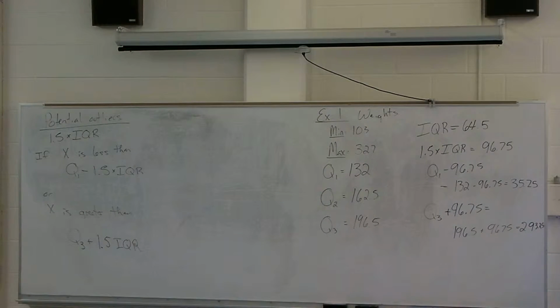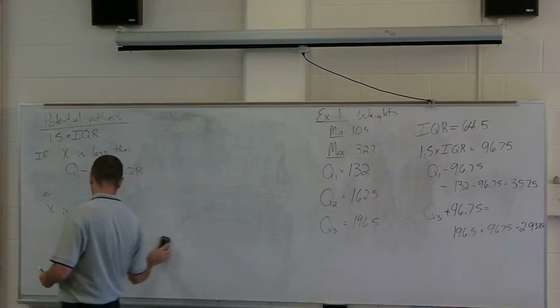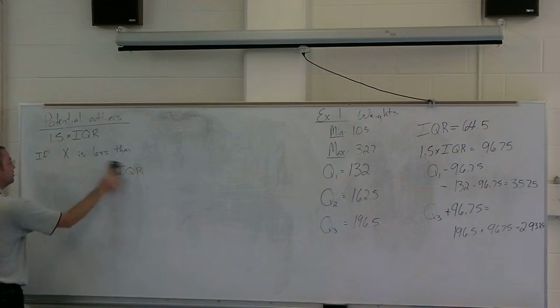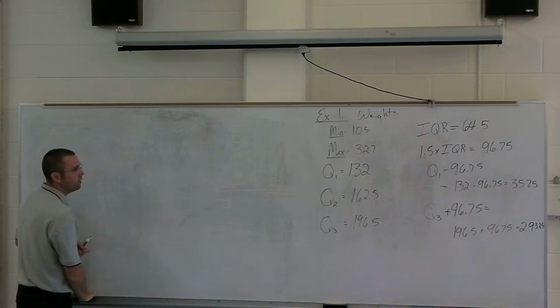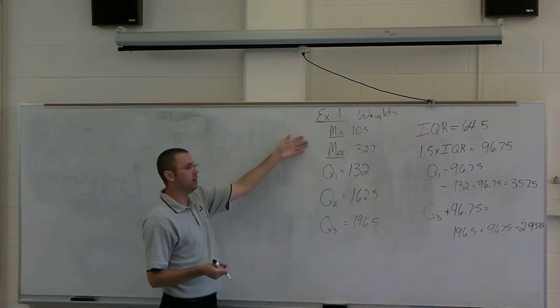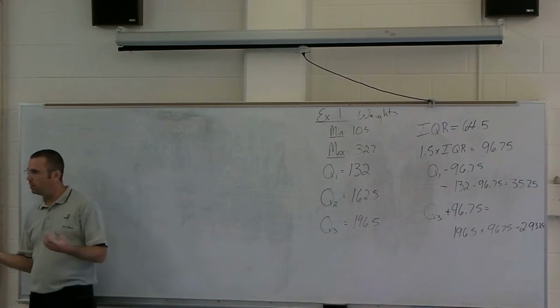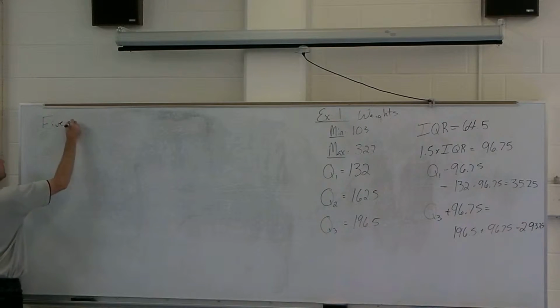All right. Now, this collection of data, the information that I've written on the board here, is an important summary of the data that we have for the information that we were given on weights. These 5 numbers here tell us a lot about the distribution of data here. They don't tell us everything, but they do tell us a lot. These 5 numbers collectively are what are known as the 5-number summary.